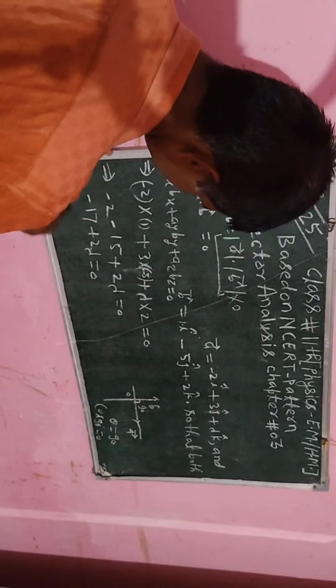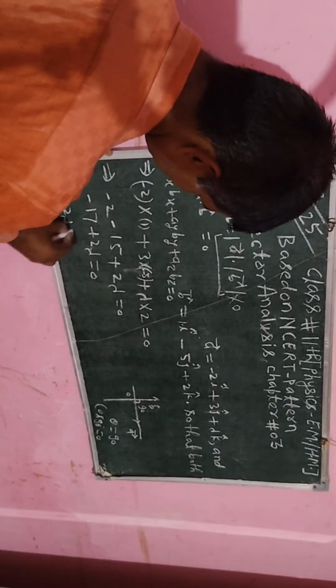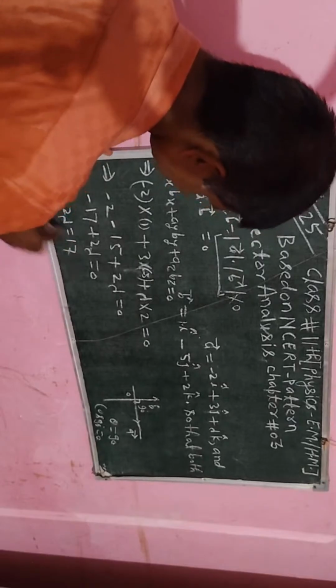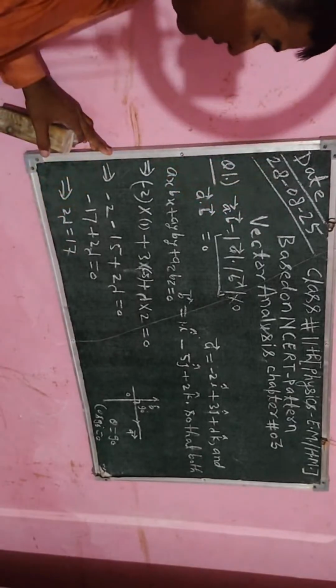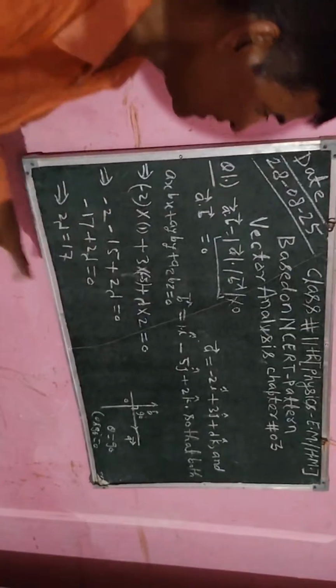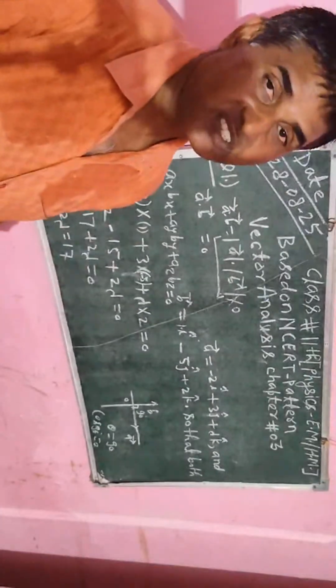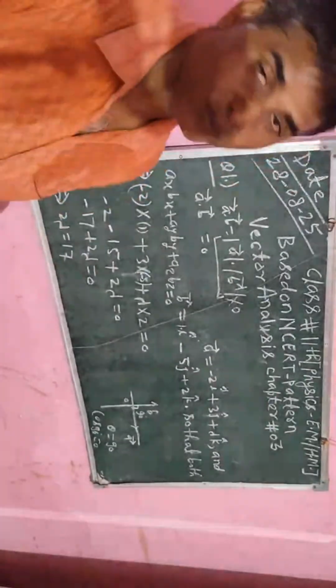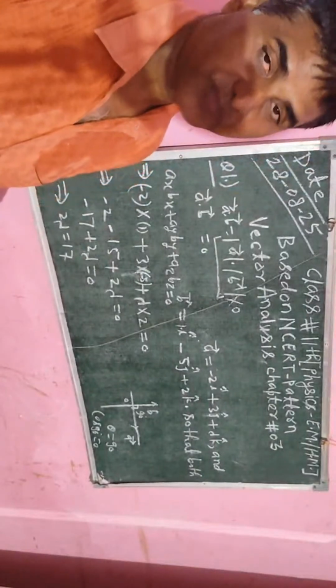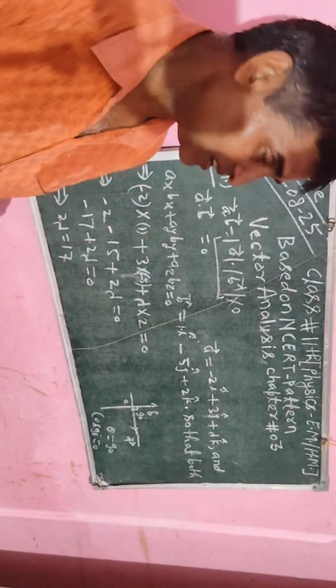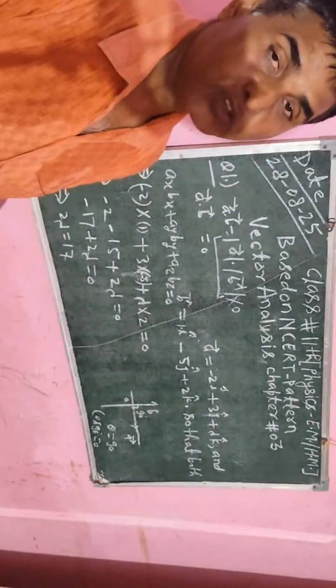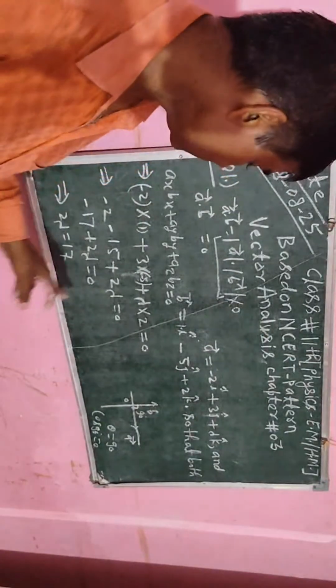So I can write here that 2 lambda is equal to 17, because if any term goes from left to right, or right to left, its sign will change. If it has a plus sign, after changing side its sign will be negative. If it has a negative sign, after changing side its sign will be positive.